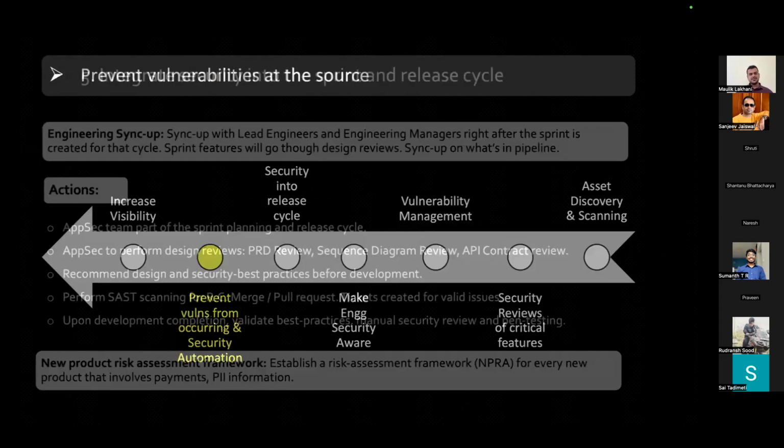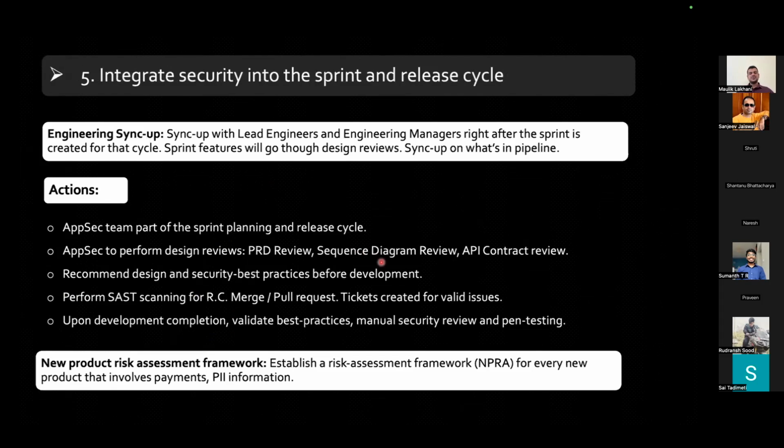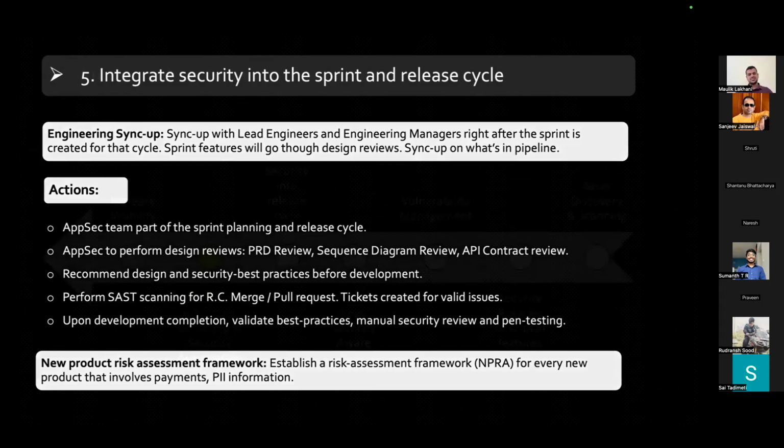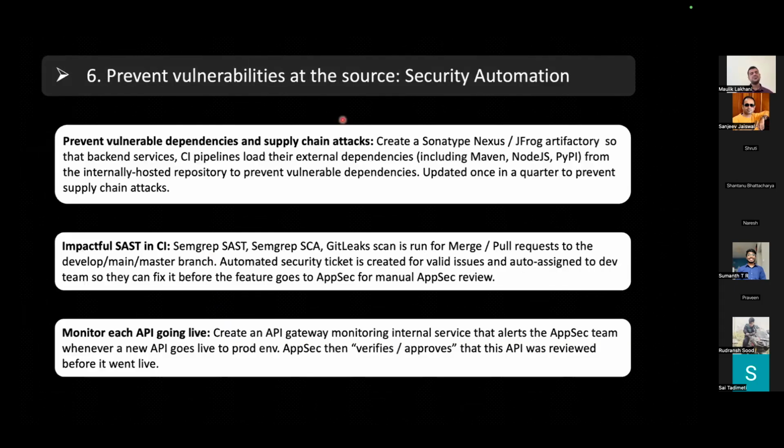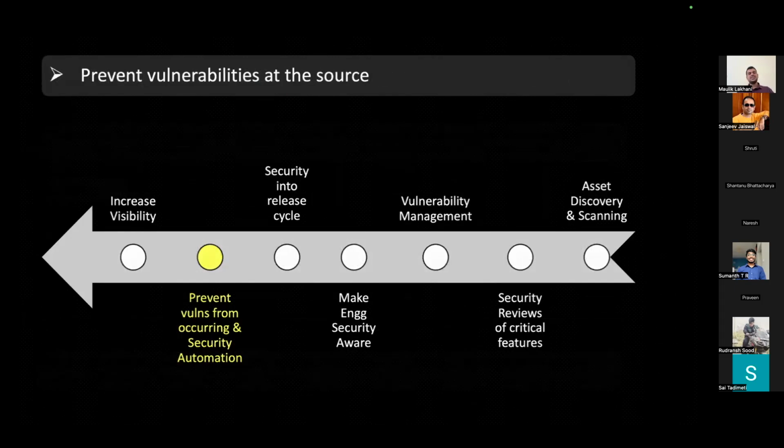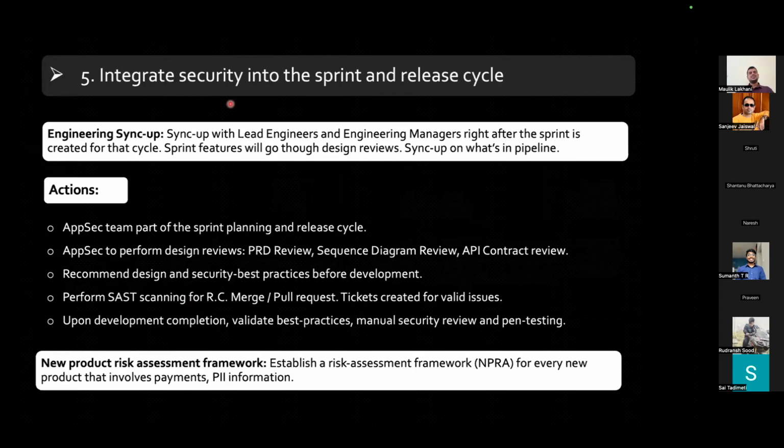For example, when you are performing design reviews, nobody will tell you that, hey, I'm going to use this particular dependency or this version of this. In your design reviews, you will not come to know, usually in most cases. When that code gets ready and comes to you, and then you say that, hey, they have used this specific thing. So they will tell you that, hey, I was trying to develop it, but it was taking so much time of development.